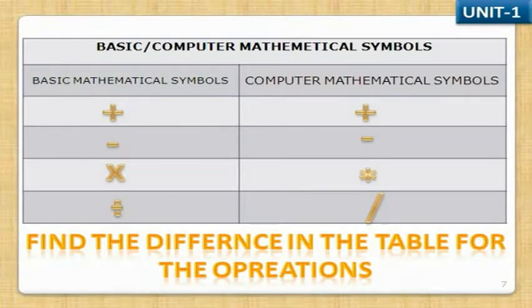In this unit 1 itself, basic versus computer mathematical symbols. On the left side, the basic mathematical symbols are given, and on the right side, the computer mathematical symbols. A note is given under the table: find the difference for the operations. You will find the difference exactly. Then note it down. I have given only a few symbols, just 1 or 2.